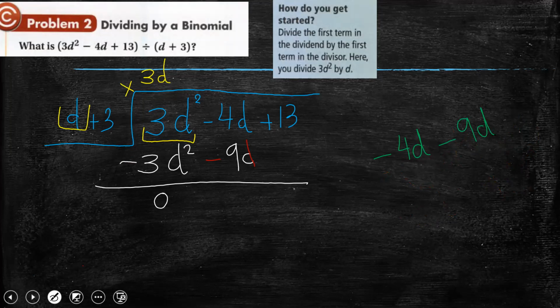What do you have to do? As we said before, take one of the variables here and then add the numbers. Negative 4 minus 9 is negative 13. Negative 13d. So the answer here is negative 13d.